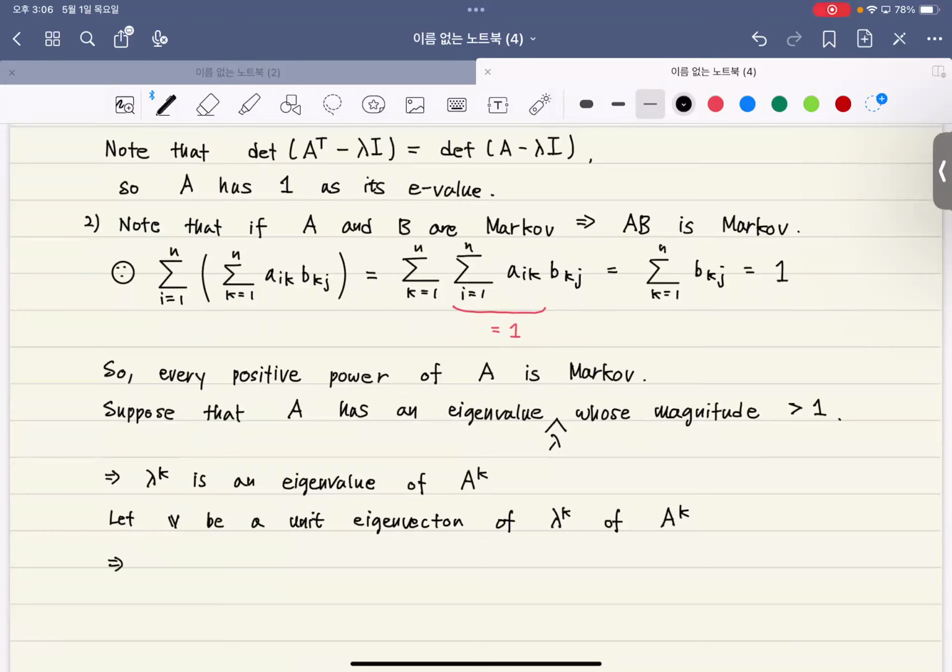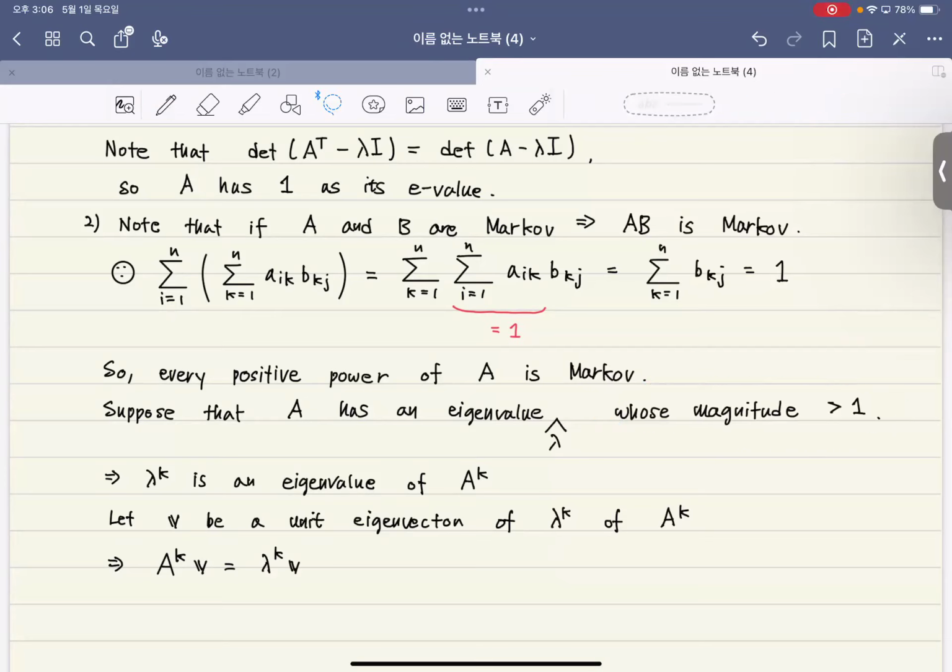Then A^k v is lambda^k times v. Okay, so I must get this relation. So can I derive the contradiction from here?